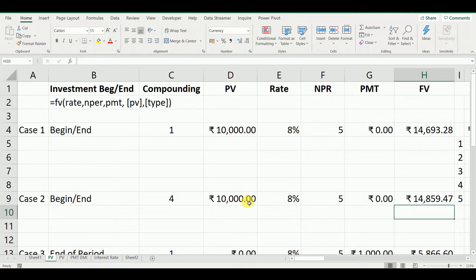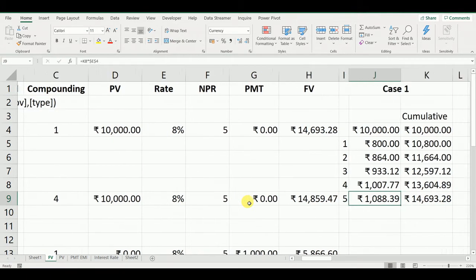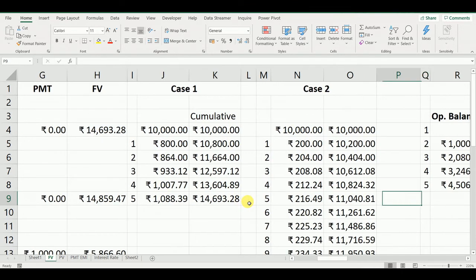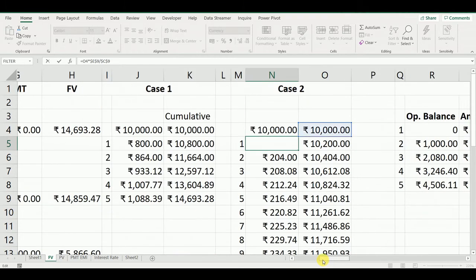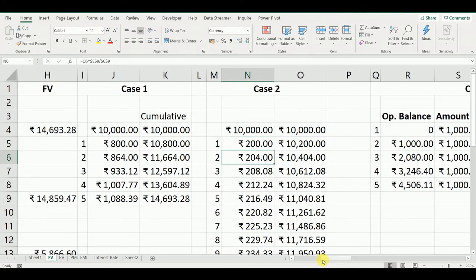So we will check this through our manual calculation also. So in this case too, we are investing 10,000 rupees and we are getting the interest in quarterly compounding. So after the first quarter, we will get the interest of 200 rupees by this formula. Now after the second quarter, our interest will be on 10,200, so it is 204 rupees.